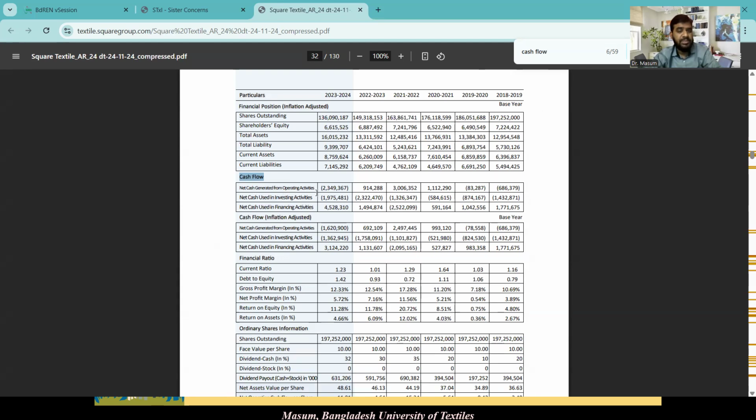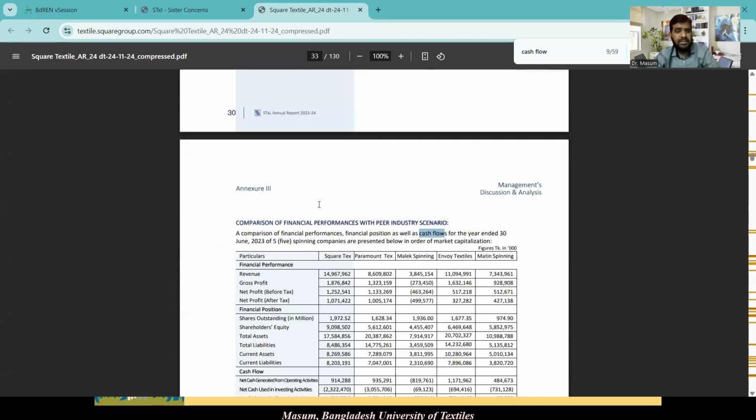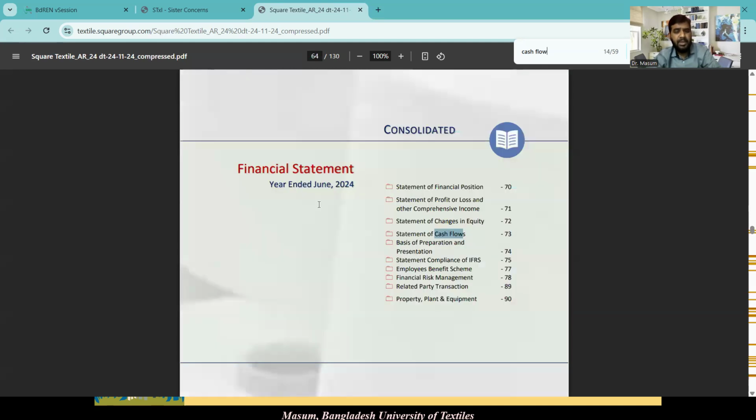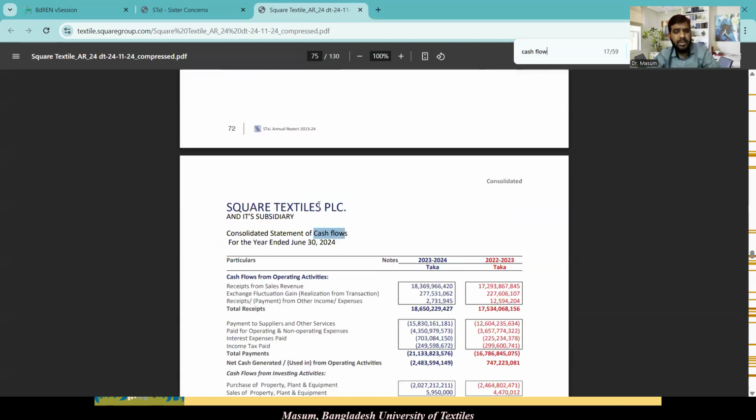Net cash flow from investing activities, difference between inflow and outflow. Net cash flow from financing activities. So operating activities, investing activities, financing activities. These are the three statements of cash flows.